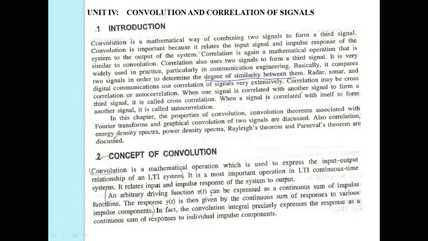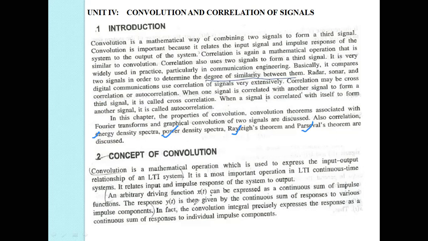Also, the correlation, energy density spectrum, power density spectrum, Rayleigh's theorem, and Parseval's theorem have to be discussed. These are the different topics we have to cover in this fourth unit: convolution, the convolution theorems associated with the Fourier transformation, graphical convolution of two signals, correlation, energy spectrum, power spectrum, Rayleigh's theorem and Parseval's theorem. These are the topics we will discuss in the coming classes.